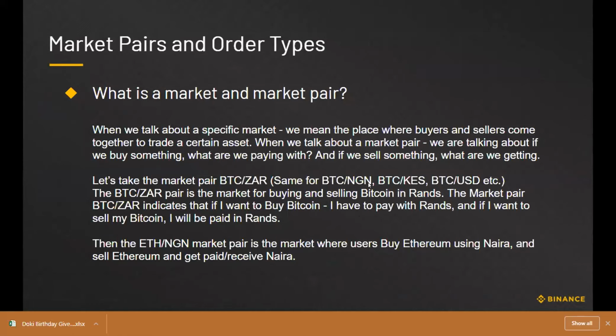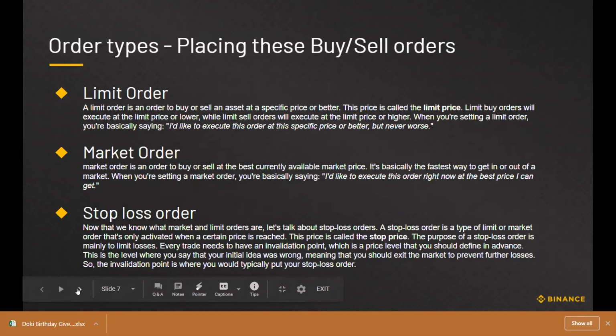It means that you can use BTC to buy Naira, or you can sell Naira to buy BTC. That's what this market pair means. There's BTC Algo, there's BTC Ethereum. There's basically BTC with any other coin you want to trade on Binance.